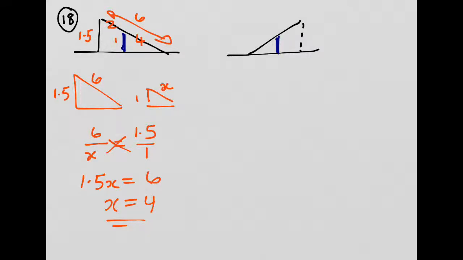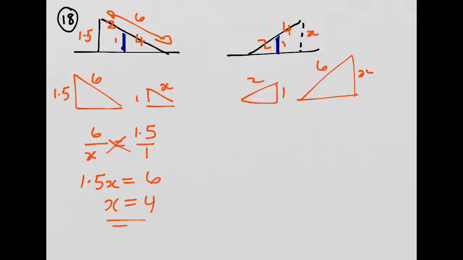Then as the seesaw moves the other way around, the 2 goes down at the bottom and the 4 goes up in the air. Now it's still obviously 1 high where it swings. Now if I look at the two triangles I've got this time, this is 1, this is 2, this is 4, oh sorry, this is 6 still because it's still the same length, and we're trying to calculate x, this distance here.